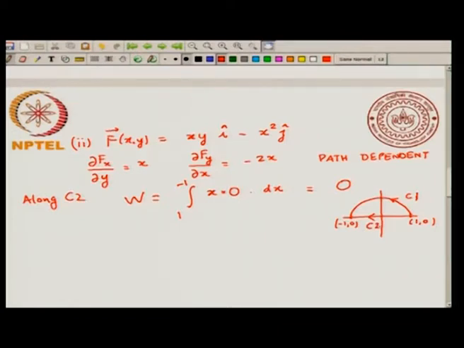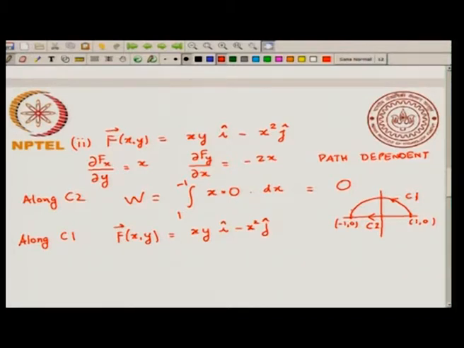So what about the work done along path C1? Now you have to parameterize this path C1. We have F of xy equal to xy i minus x square j. In these xy coordinates, this path is not easy to parameterize.